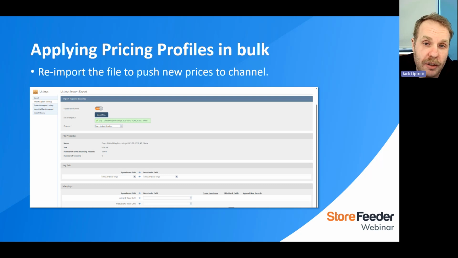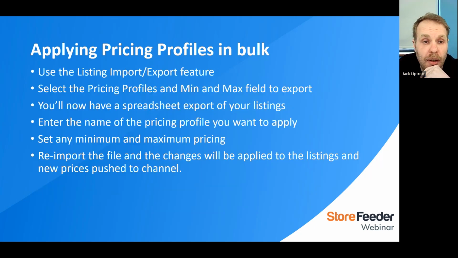So set update to channel, upload the file. Because you've exported the file from StoreFeeder itself, it will map automatically and work straight away. You shouldn't have to actually manually set anything. And then click save and upload. That'll send the information to channel, and you should see the prices start to change on your listings within sort of 50 minutes or so.